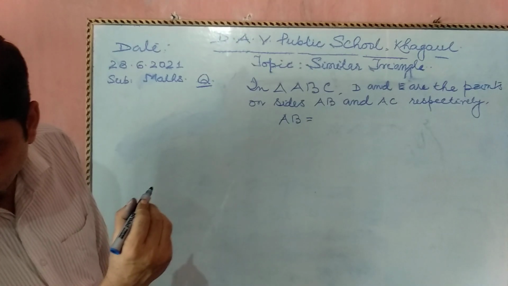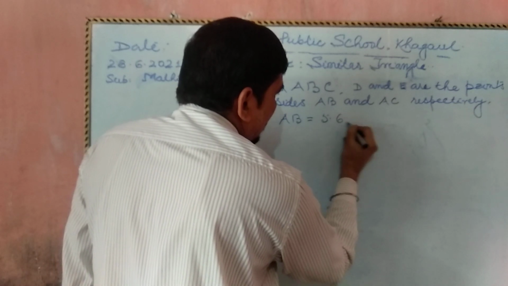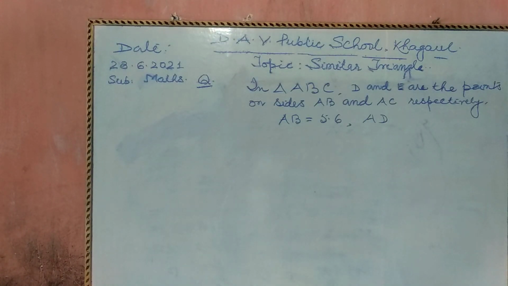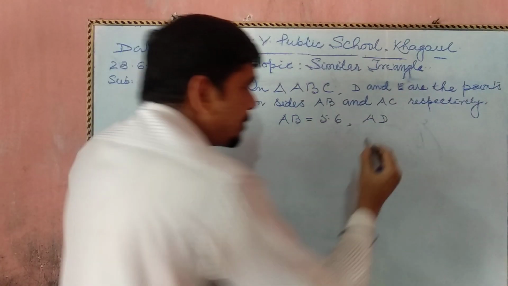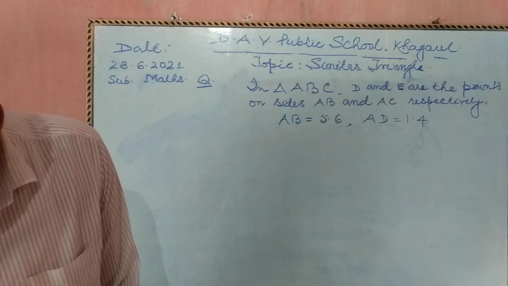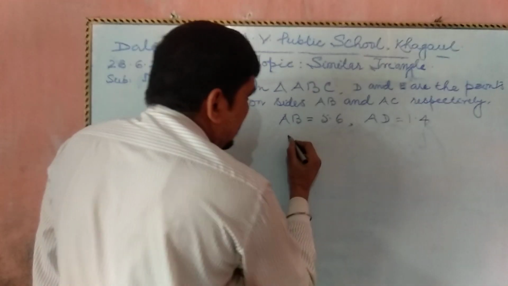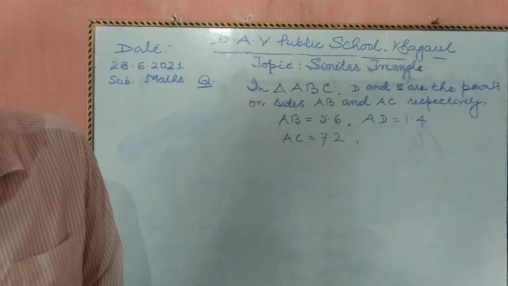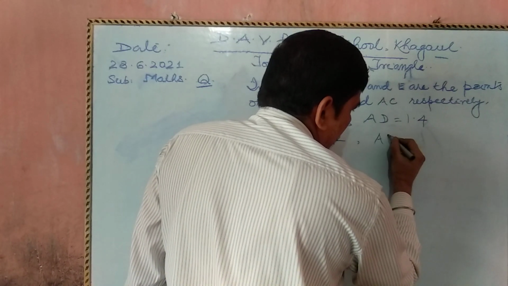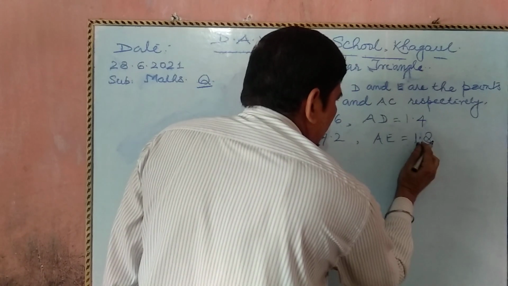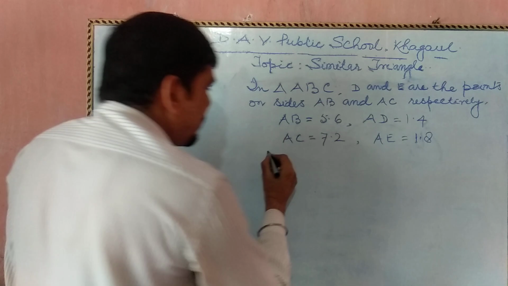AB is equal to 5.6, AD is equal to 1.4, AC is equal to 7.2, AE is equal to 1.8. Now we have to prove that DE is parallel to BC.